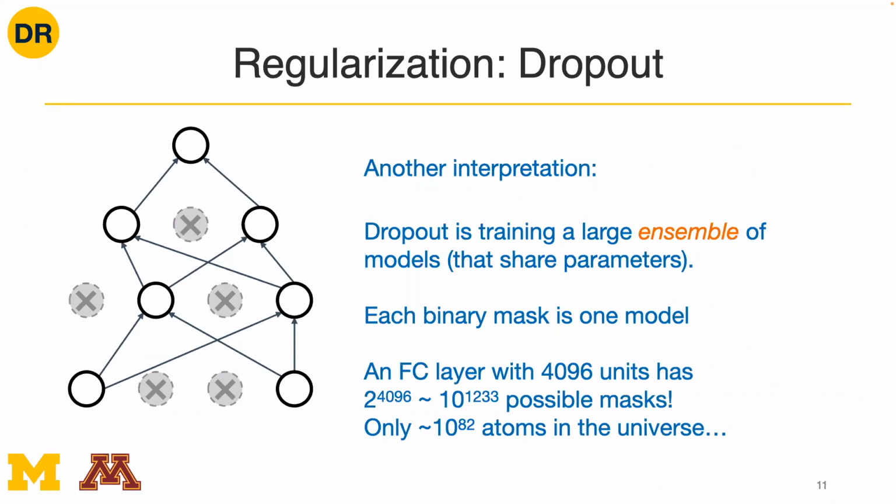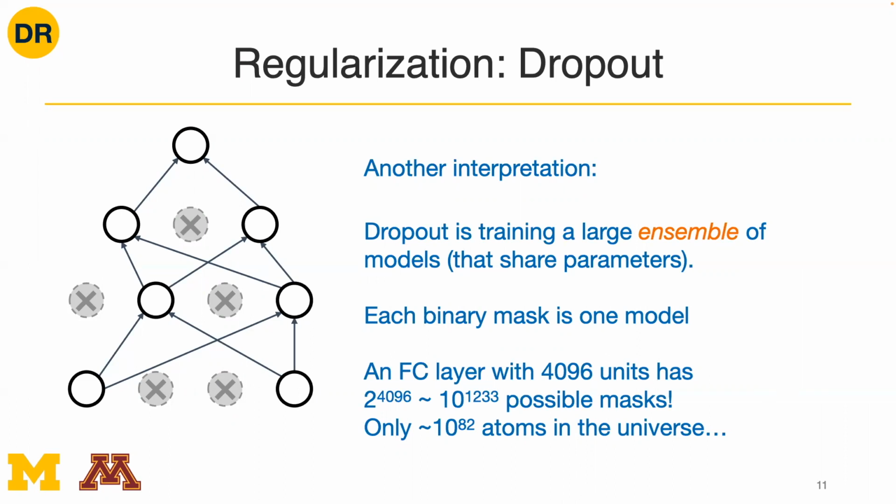That's one interpretation. Another interpretation of how dropout is successful at regularizing our model is that, because you have this randomness inserted into the network, you're really training every possible ensemble of networks, where each of those within the ensemble is a specific setting of that random dropout tensor.